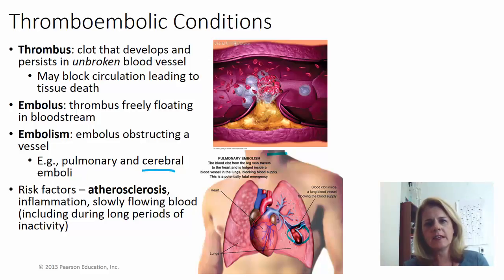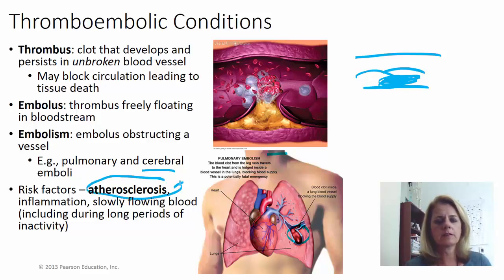One of the things that can lead to thrombi being formed is something called atherosclerosis. You have plaque buildup in the vessels, so now the vessel is not smooth anymore, it's got these plaques, and those platelets have something to catch on, and then you start to form these clots. This is what happens sometimes when you get a heart attack or stroke.